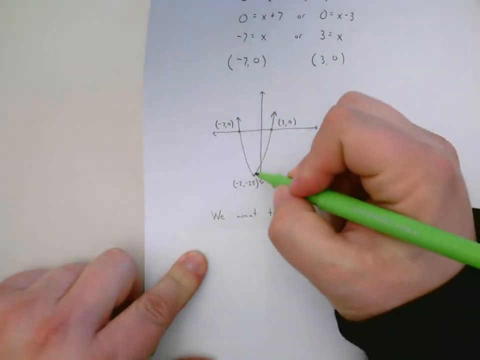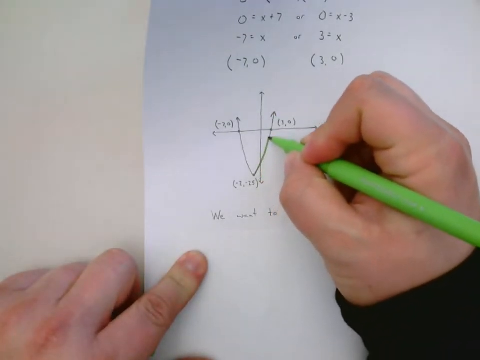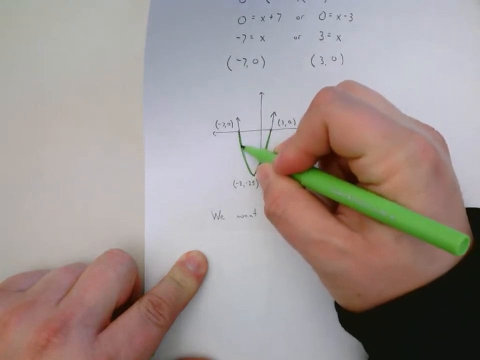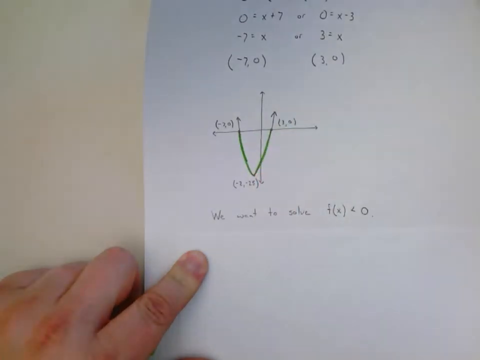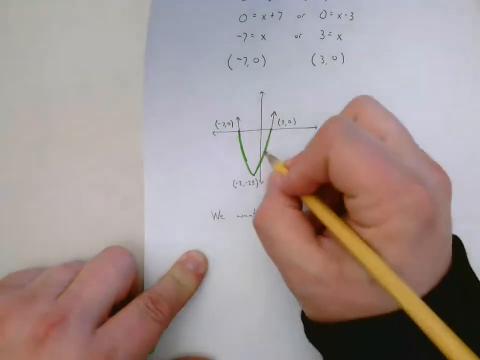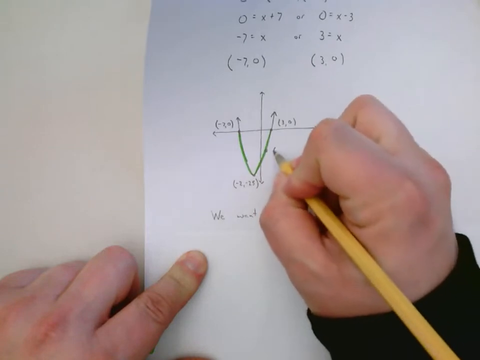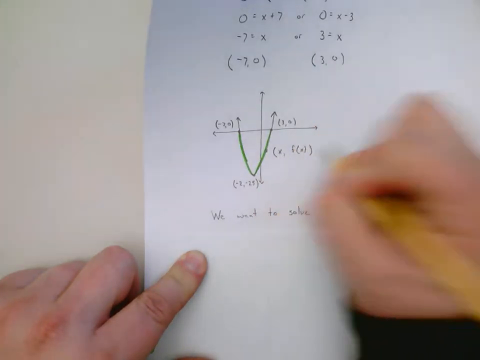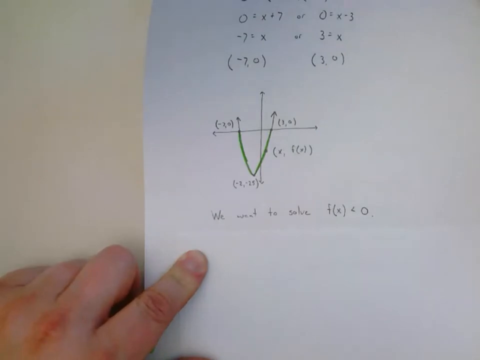So if I look at my graph in here, where I've colored green, every single one of those ordered pairs has an f of x value that is less than 0.